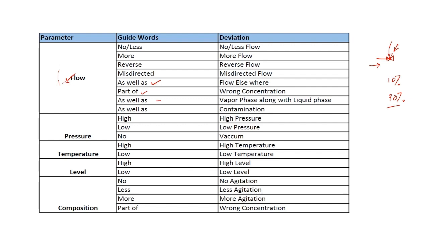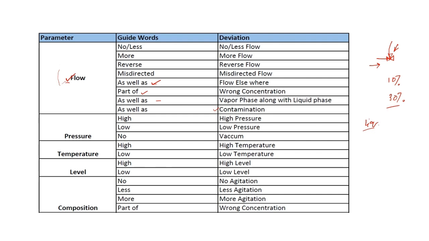Same thing may happen when there is a combination of phases. There is a vapor phase along with the liquid phase, or there may be a contamination. So the liquid may contain some solid particles, right? So then it becomes a chance of contamination.